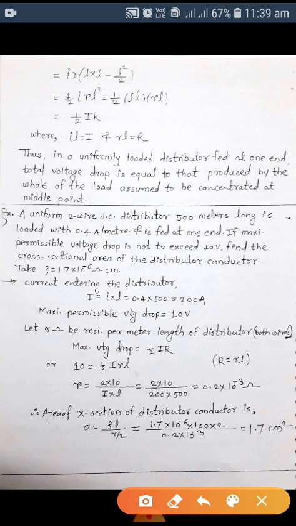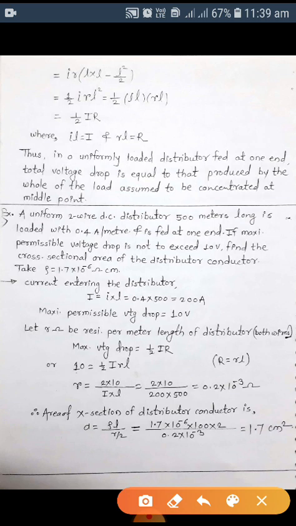The total current entered into the distributor is 200 ampere. The maximum voltage drop should not be more than 10 volt, therefore that value is equal to 10 volt.